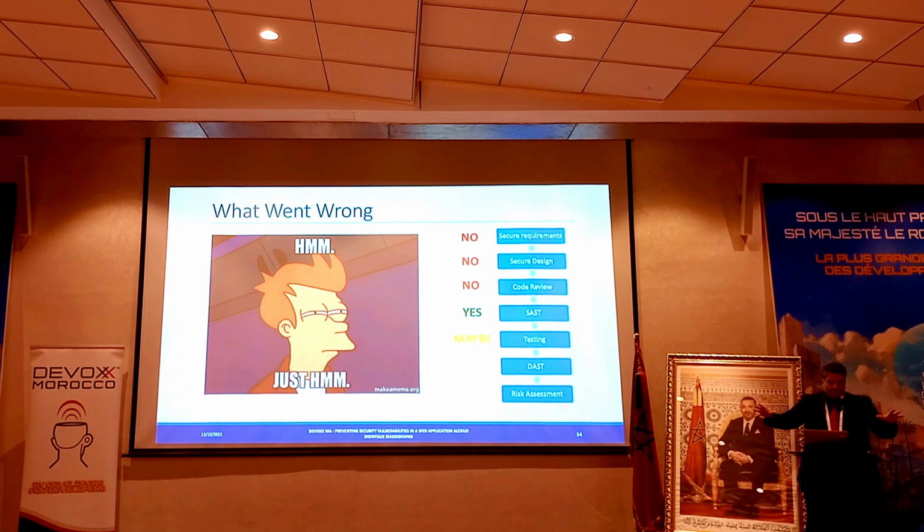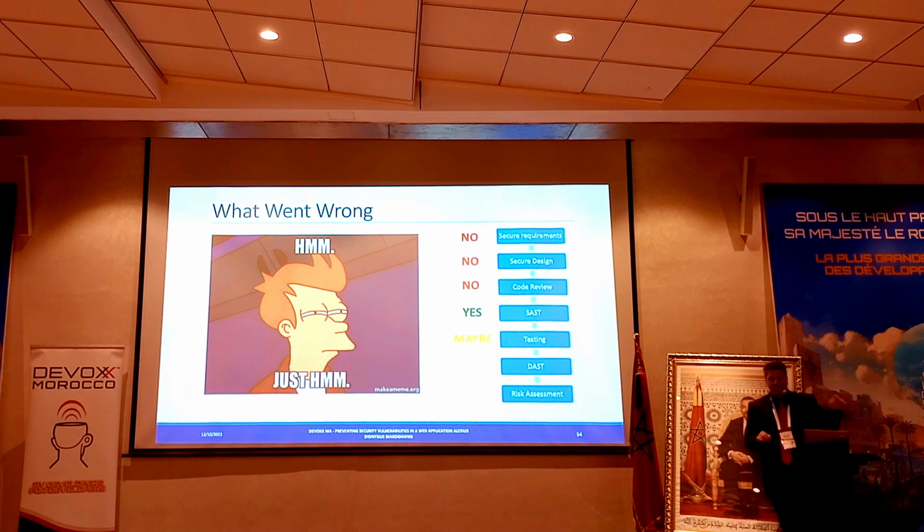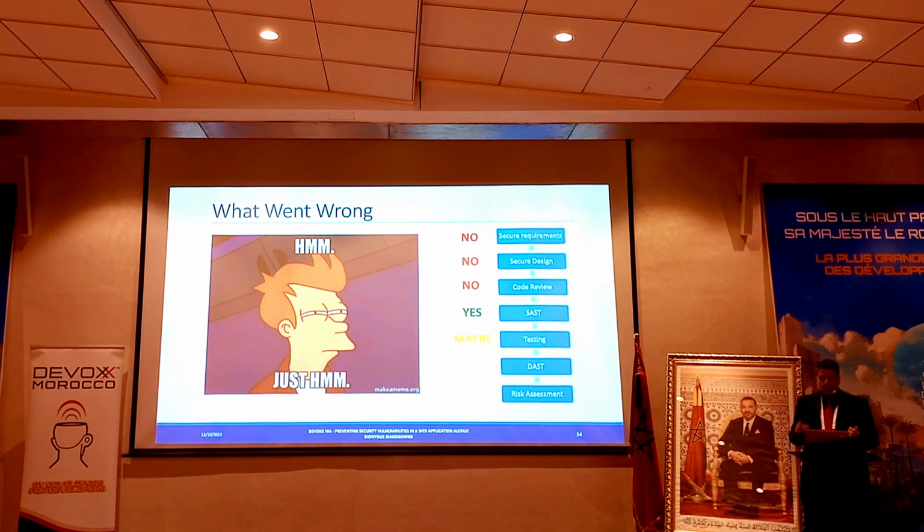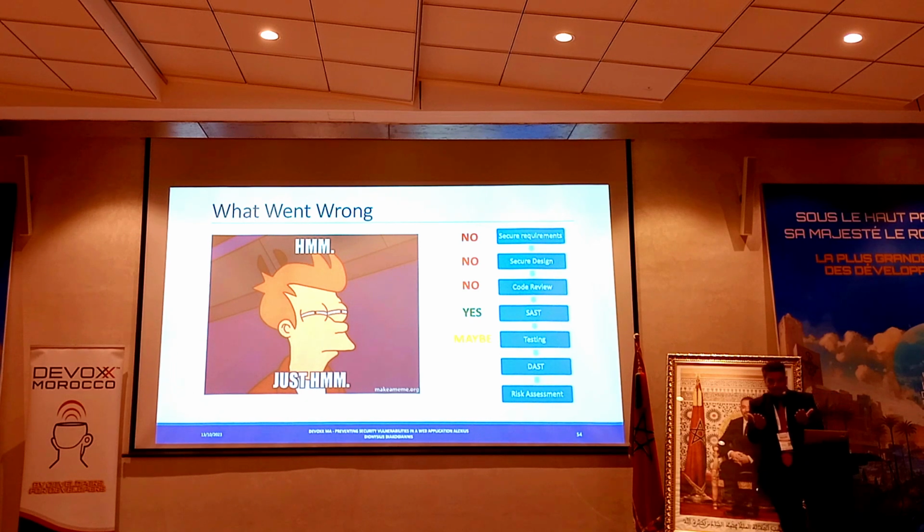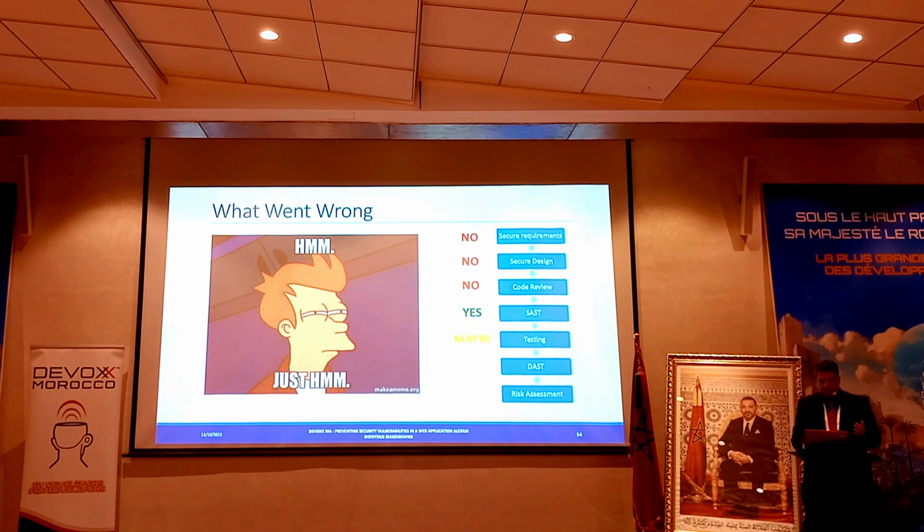Testing? Maybe they did, maybe they didn't. And I'm saying maybe because I'm giving the benefit of the doubt to the tester. If he doesn't have a requirement about authorization and the tester is not that senior, he might not have pinpointed the issue. If they used DAST tools for penetration testing, maybe, but as we said before, DAST tools do not detect business issues, and this is actually a business issue.